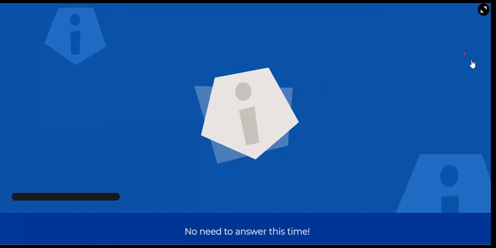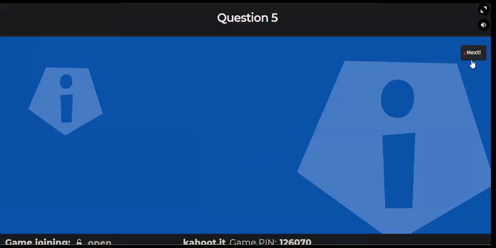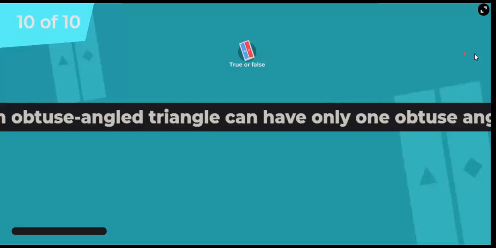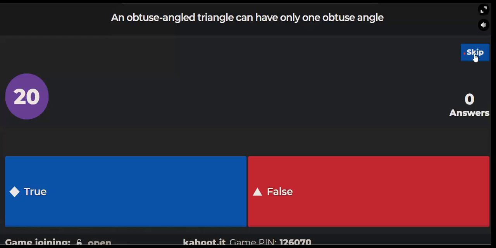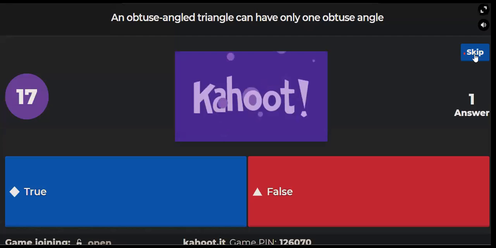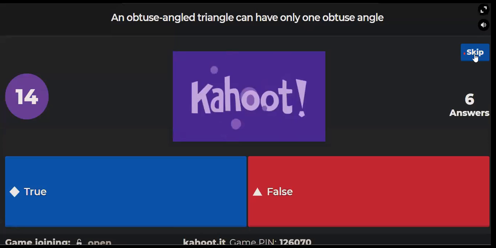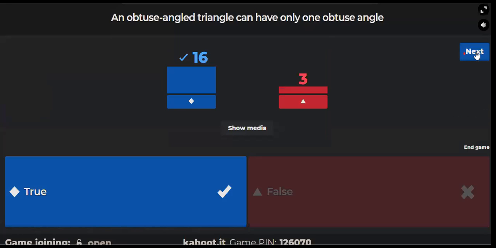Last problem. An obtuse angle triangle can have only one obtuse angle. True or false? We just explained this. True, right? I've explained, right?